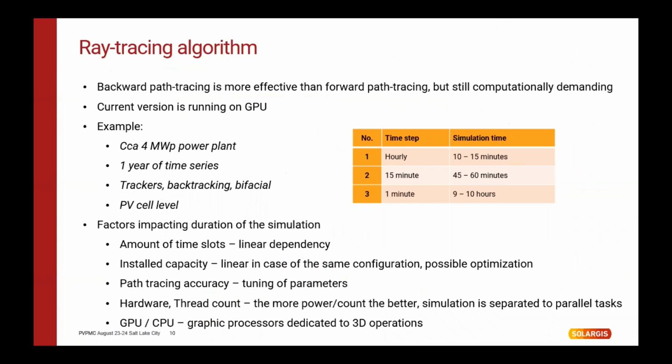At the PV cell level, the calculation using GPU hardware takes 10 to 15 minutes for hourly data, and 15-minute data takes up to 1 hour. And there is a linear increase with increasing the time step or into final results.